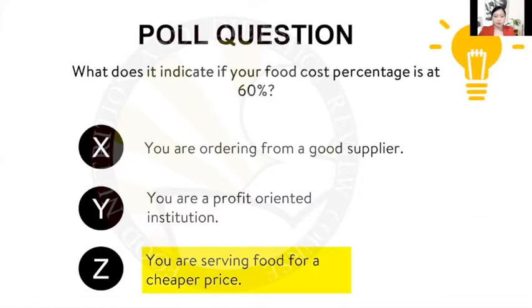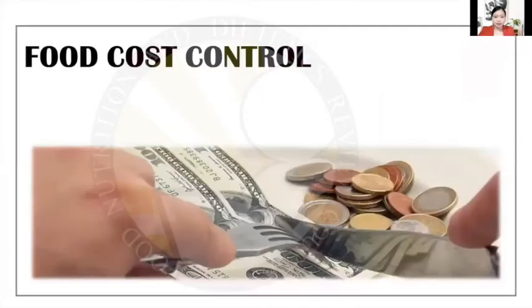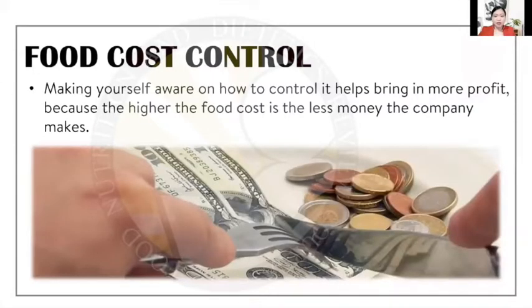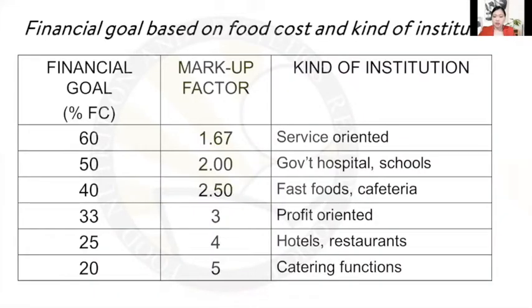So how do we control food costs? Being aware of how we control it helps bring in more profit, because the higher the food cost, the less money the company is making. This table shows the financial goal based on the food cost and the kind of institution.